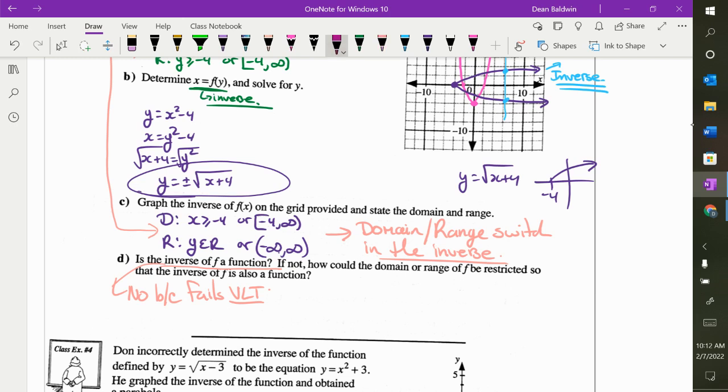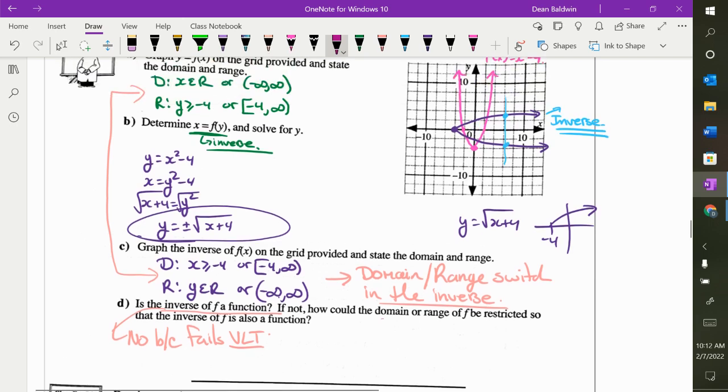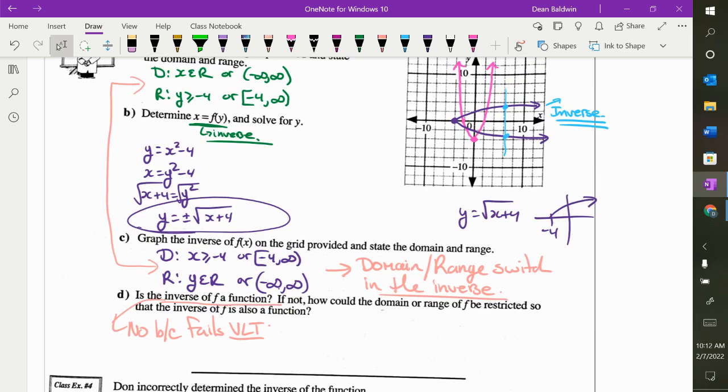But how could you change the domain or range so that it is a function? That's the question. What can I do to the purple graph to make it a function? I.e., I need to eliminate one of those halves. What can you do? There you go.